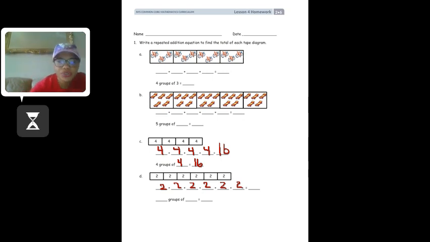So now I want to see how many groups we have, because our sentence statement below is telling us that there's a number of groups, but we have to figure out how many equal size squares we have.